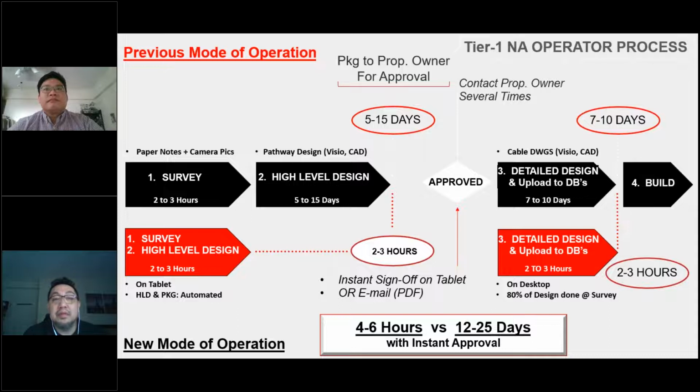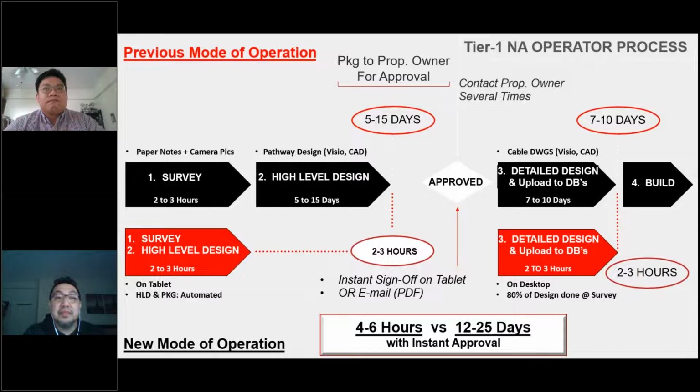Previously, like what Justin has mentioned, they used pen and paper notes, cameras and pictures, which is error prone. So the survey takes 2 to 3 hours, then you go ahead with a high-level design, which takes about 5 to 15 days using Visio and CAD.